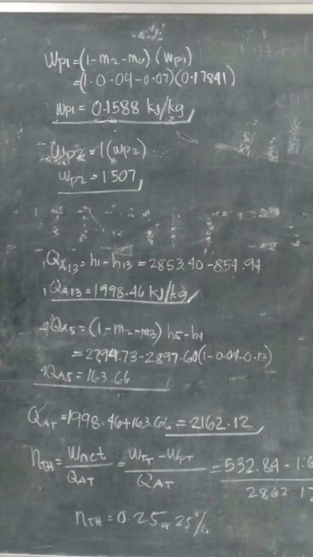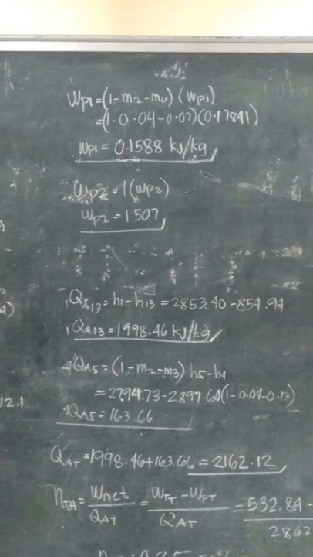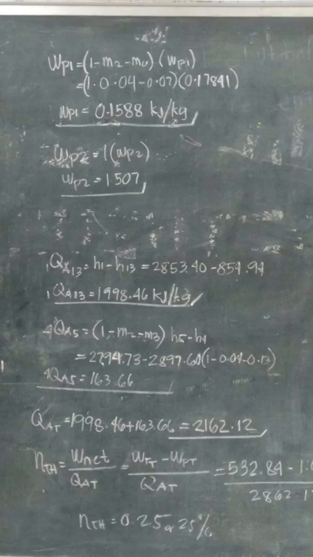So work pump 1. We have 1 minus mass 2 minus mass 6 times work pump 1. Substitute also. We have a work pump of 0.1588 kilojoules per kilogram.